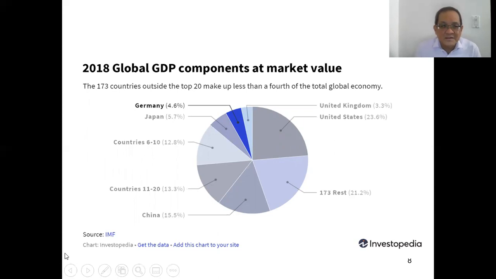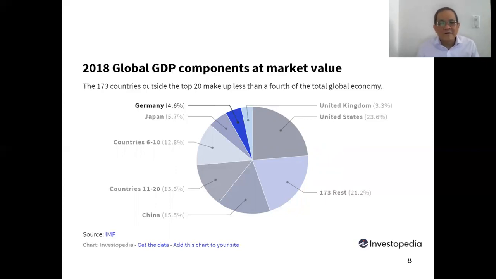Here is a typical example. What we are seeing is the 2018 global GDP components at market value. 173 countries outside the top 20 make up less than a fourth of the total global economy. So this is interesting. The pie chart is very interesting, and it also helps us to think about how the data are constructed.